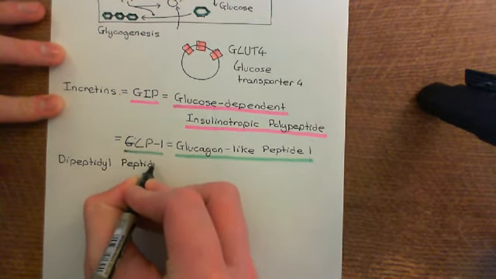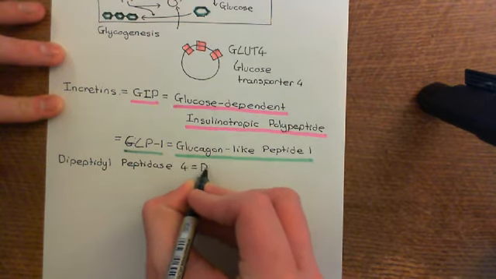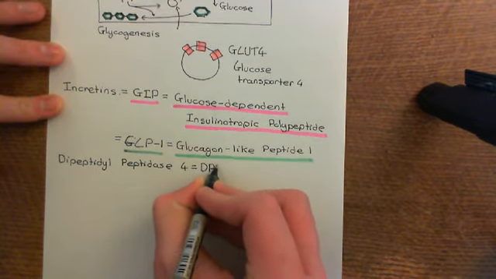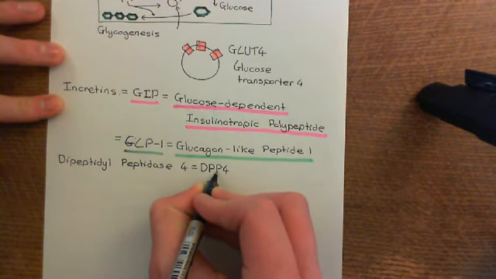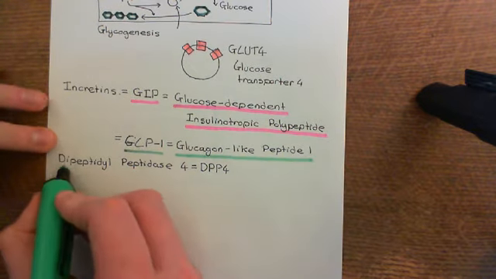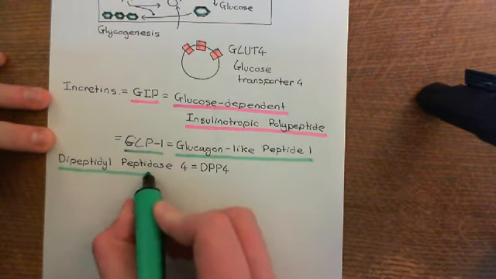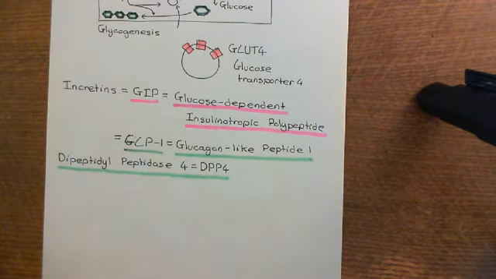Okay, and for short, dipeptidyl peptidase 4 is often abbreviated to DPP4. Okay, D for di, P for peptidyl, P for peptidase, and then 4. So dipeptidyl peptidase 4 is an enzyme present within the blood which will break down the incretins GIP and GLP-1 and hence prevent them from having their effect for too long.